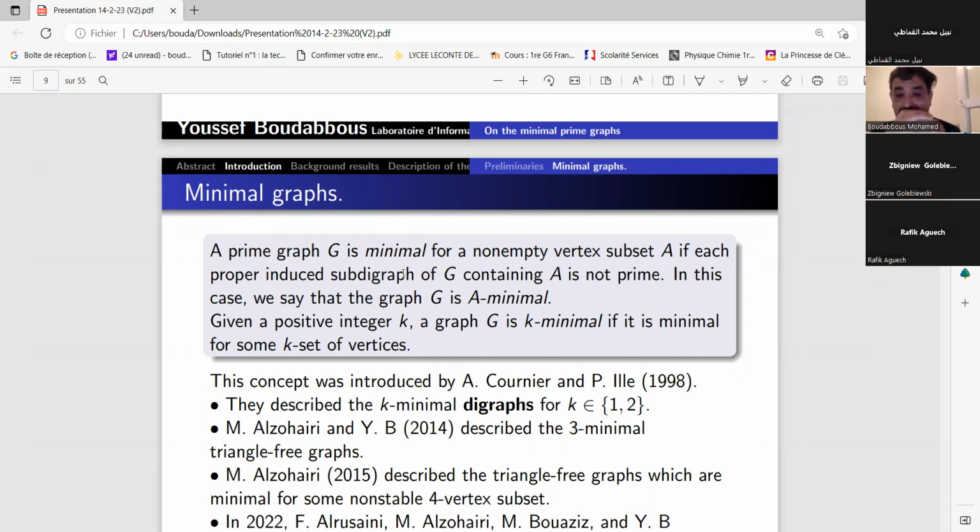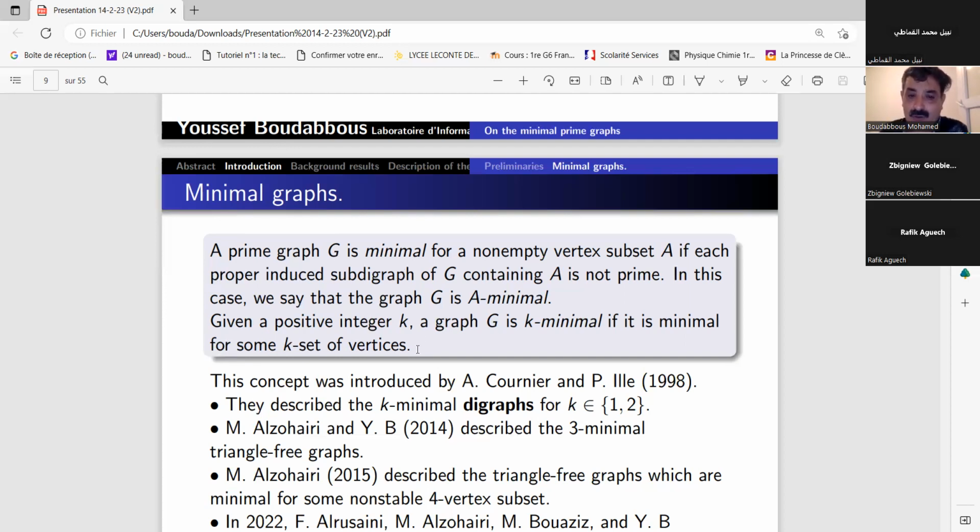But Pierre considered that it is not the subject of a thesis. It is very difficult. But with Al-Zuhairi, we obtained the description in the particular case of graphs without triangle, which is more general than trees, for example, or bipartite graphs.